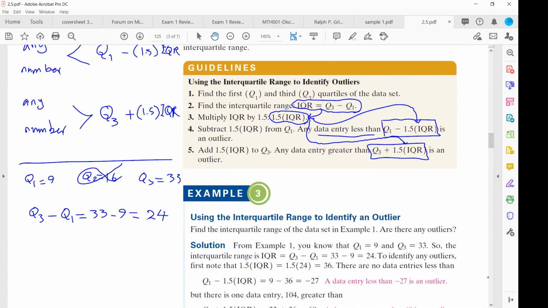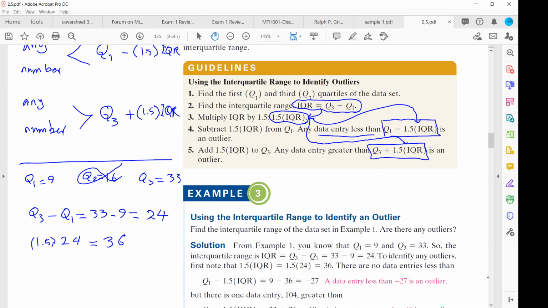Then in step 3, multiply interquartile range by 1.5. 1.5 times 24, so if you do the calculation, you get 36.